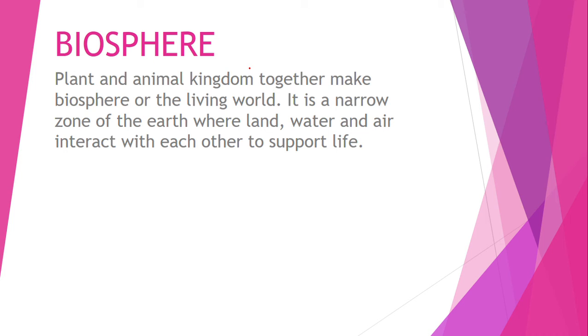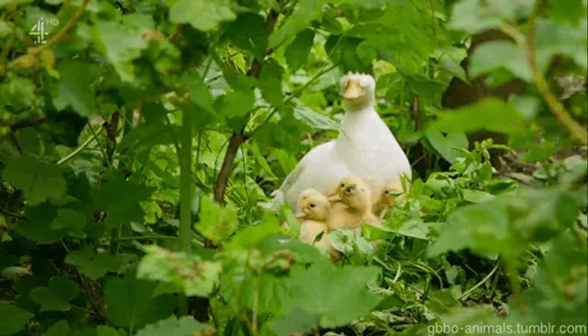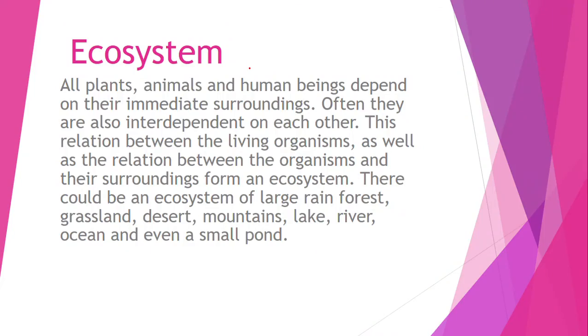So air is needed. We animals and plants need water. Land: plants can only grow on soil, and we can only walk on land. Animals also walk on land. So we need land. These three are needed to make the biosphere. For example, I put cute ducklings, baby ducks, here.